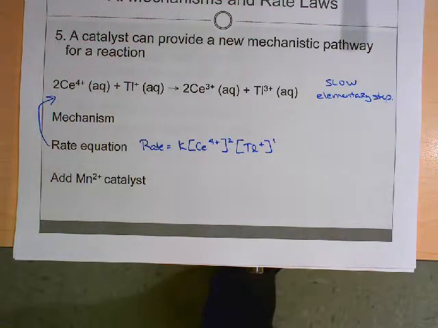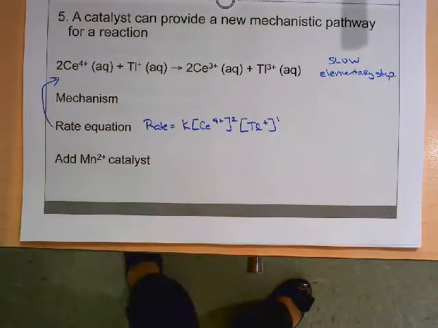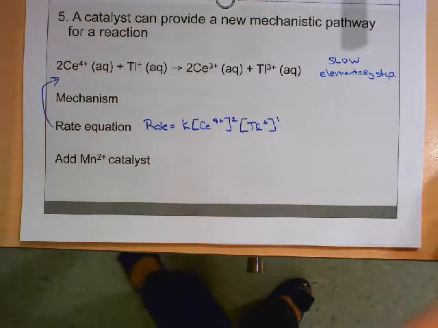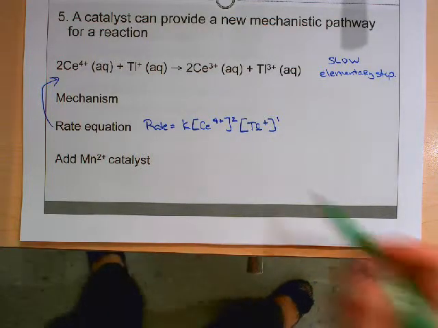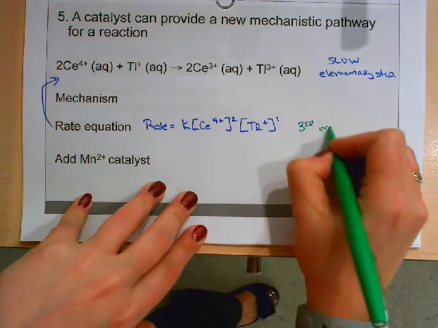What is the overall order for this reaction? 3, right? It's a third order overall, because I have 2 plus 1. Well, if we added the manganese catalyst, there's a way that we can, so this is a third order.